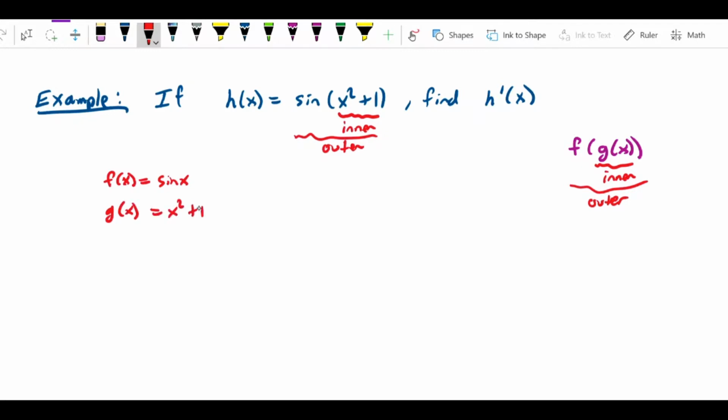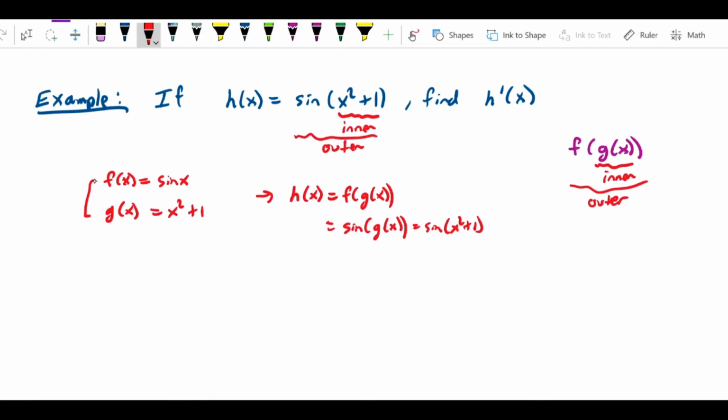Then you can easily see that this combines to say that h of x is equal to f of g of x, because that's equal to the sine, that's the outer function. In other words, we take sine of g of x, and that equals the sine of x squared plus 1. So this is what we call the decomposition of a composite function into its inner and outer parts.